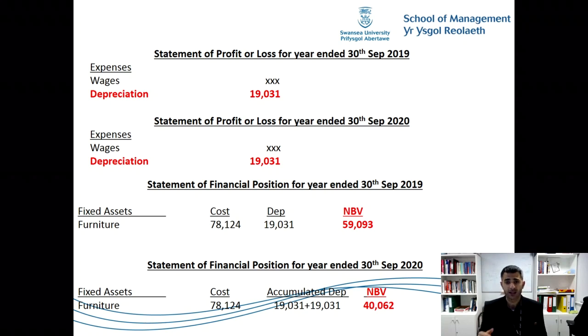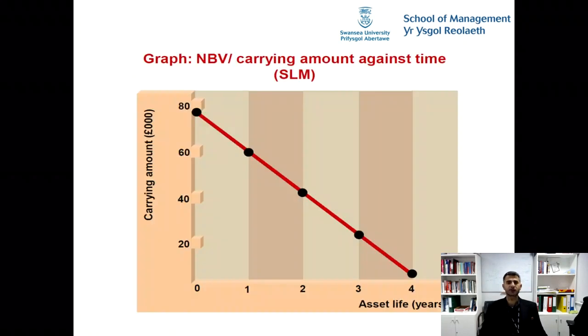Okay. Now, if you look at this chart, what you can see here is the depreciation using the straight line method. As you see, the depreciation is fixed every year. It's fixed, £19,031.